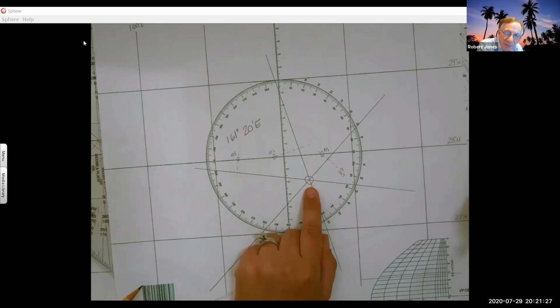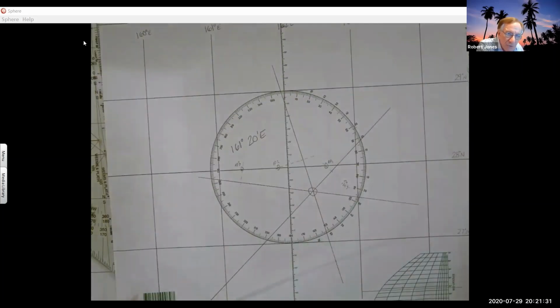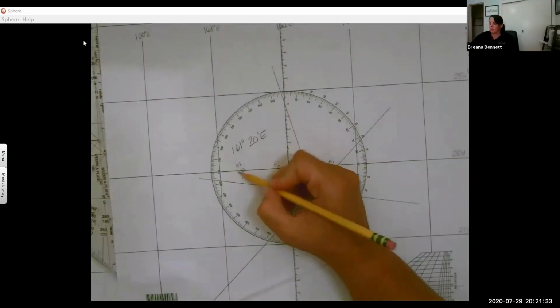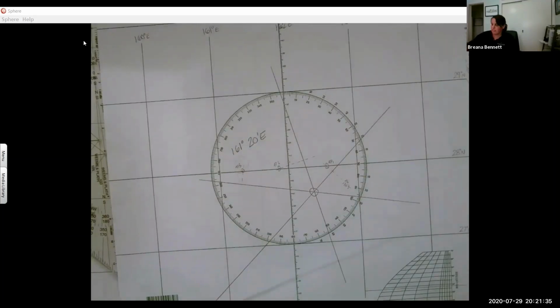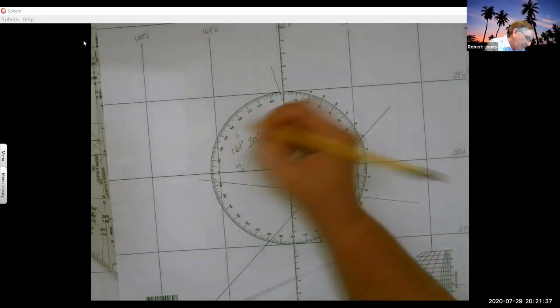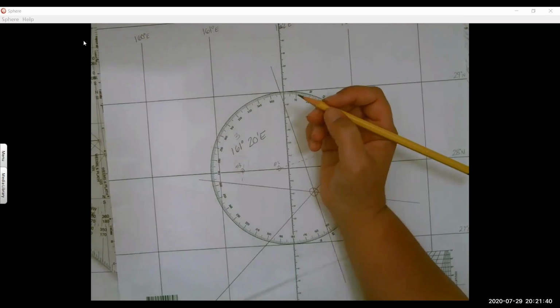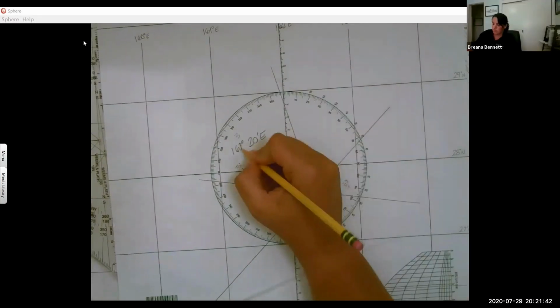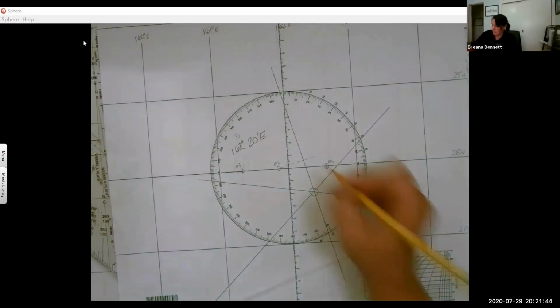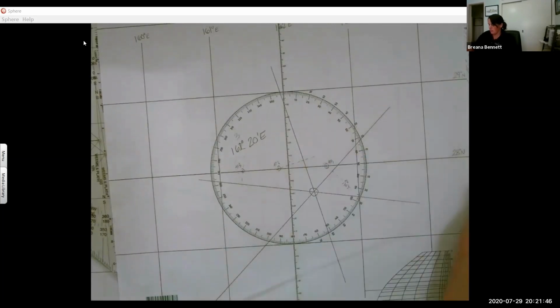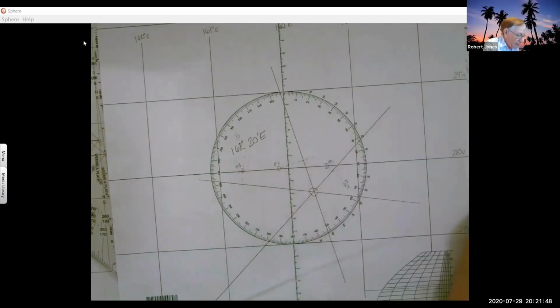So I guess I'm lost. Assumed position 3 is 161. I see. Okay. Where was it on the other one? On the one you just did? It was 162. Okay. So it's somewhere over there. You went away on that one.